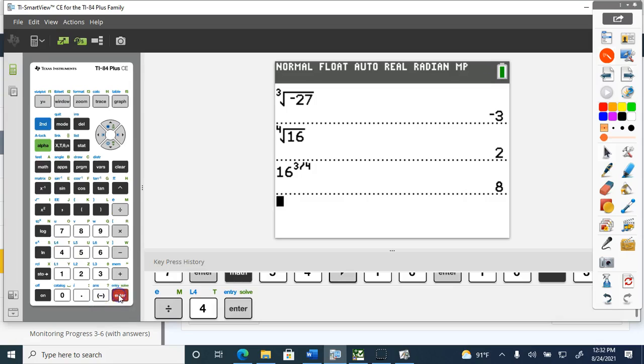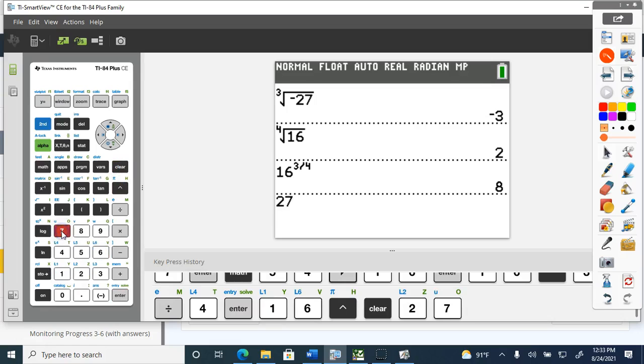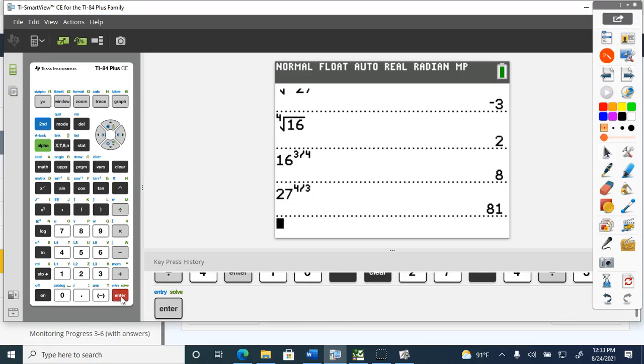It does give you 8. The next one's the same thing. Is it 4/3? 27 to the 4 divided by 3 power, and it gives you 81.